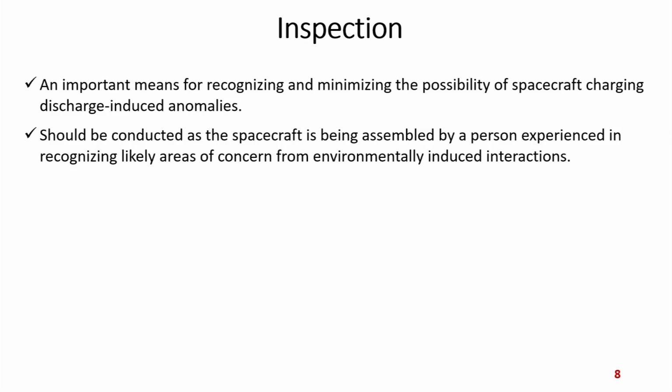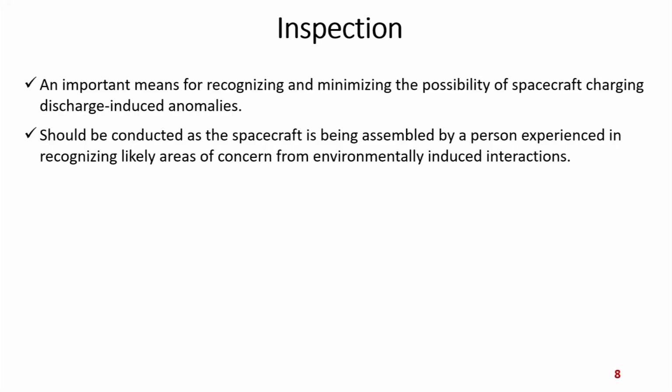For example, whether a circuit is floating, not grounded, or whether a particular joint is bonded or not, all these things need to be inspected. Once the inspector certifies, only then can you proceed; otherwise it needs to be corrected. If something is found that is not properly done, those things will be corrected. That is why inspection is a very important activity of quality control, for quality assurance.